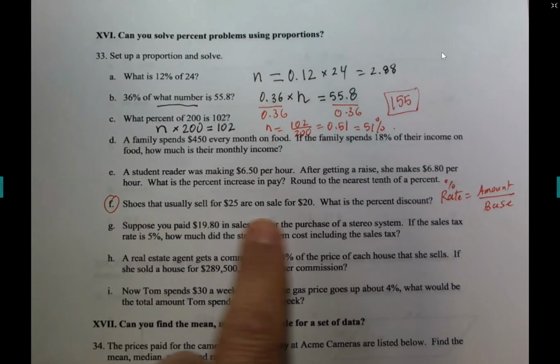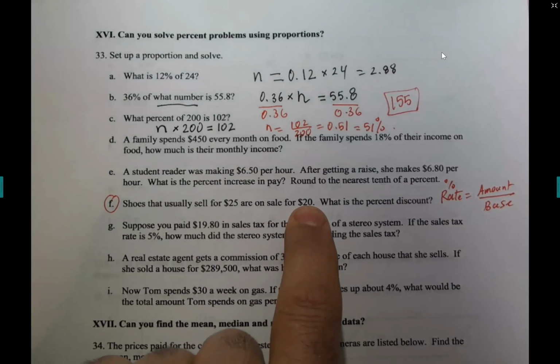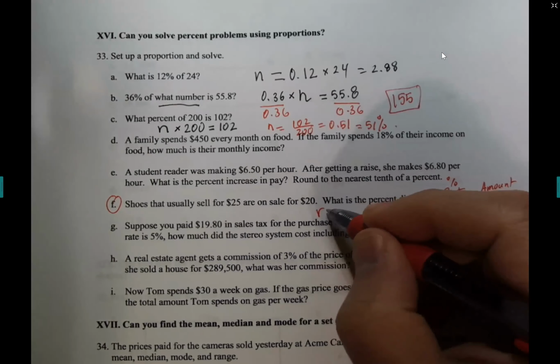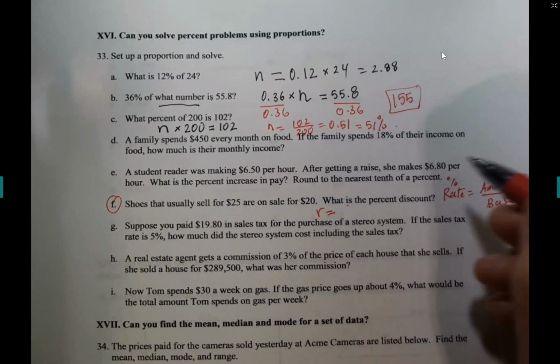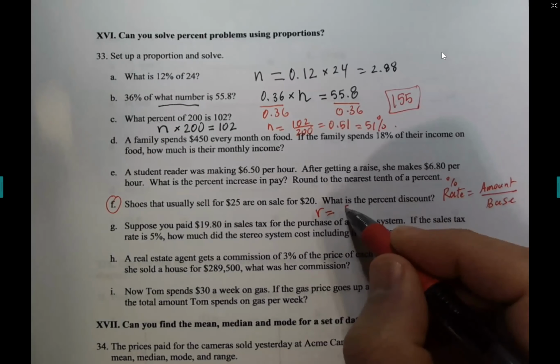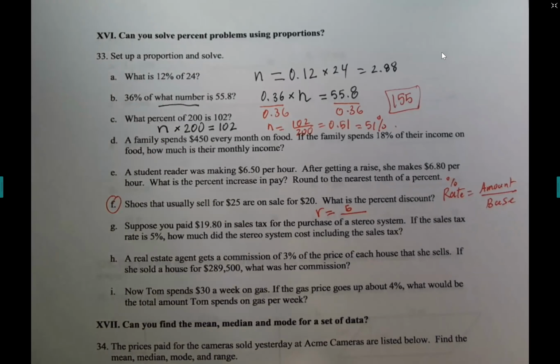How much is the discount here? We say it sells for $25, it's on sale for $20. So what's the discount here? 5. The amount of discount will be 5 divided by the base. Which one is the base? The base is the original price, guys.